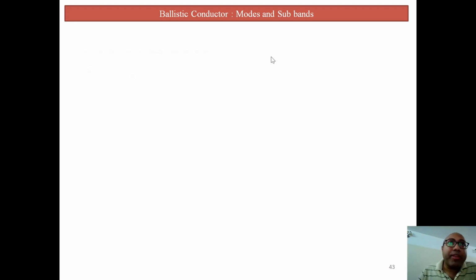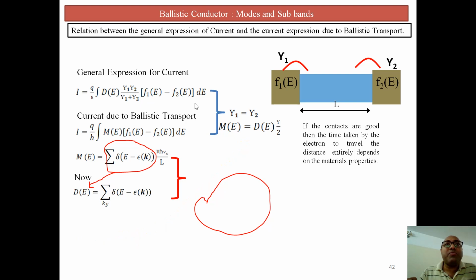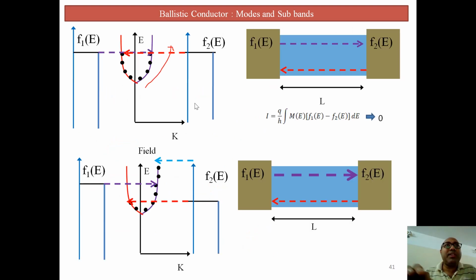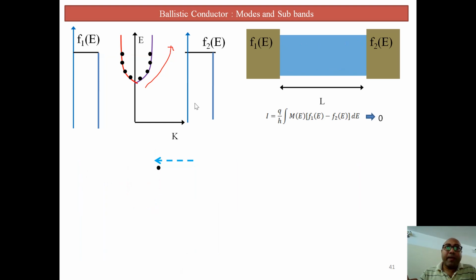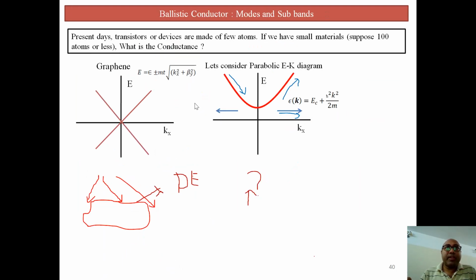So take the E-k diagram, in the form of a 2D material. This is the same E-k diagram that we have considered here. Let's call it the parabolic E-k diagram.